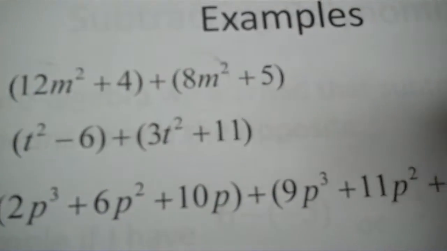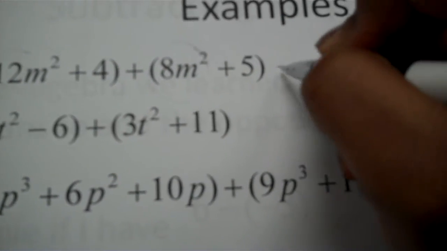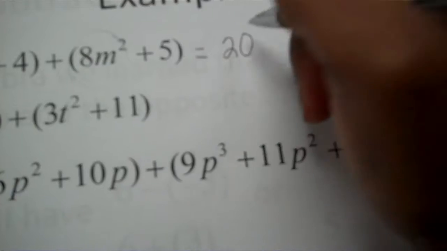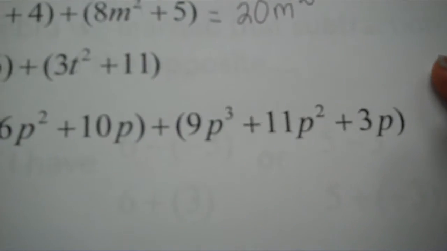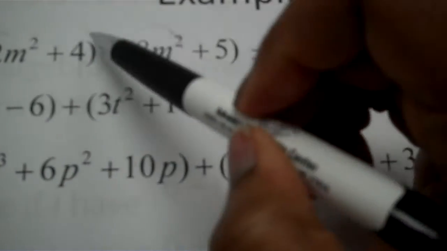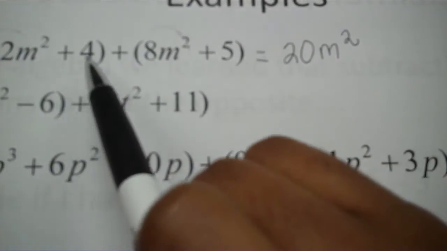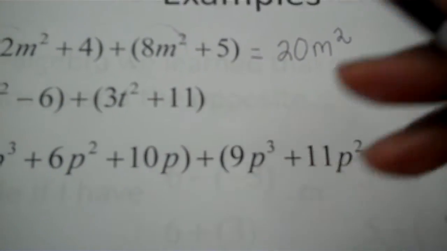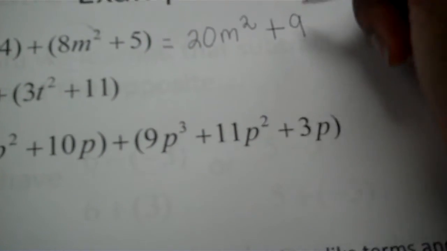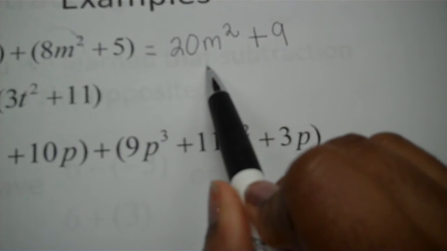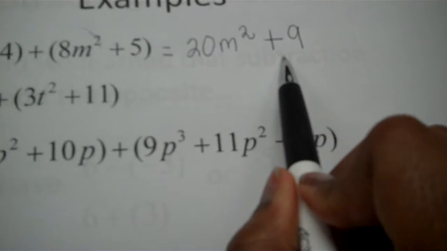And 12 plus 8 is equal to 20m squared. Then you would add the constant terms, which is 4 and 5. And 4 plus 5 is a positive 9. So your answer is 20m squared plus 9.